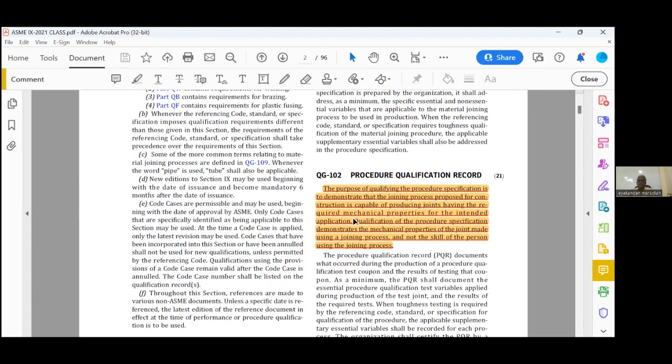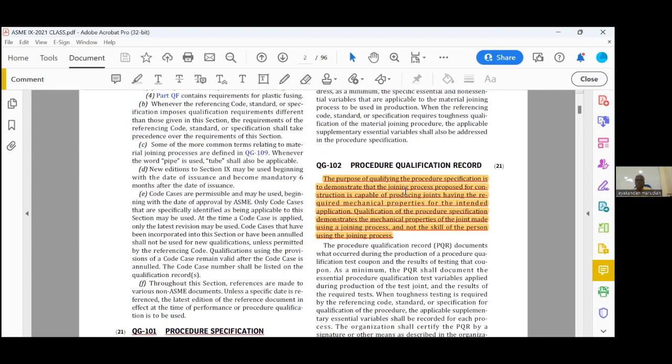The purpose of qualifying the procedure specification is to demonstrate that the joining proposed for construction is capable of producing the required mechanical properties. Qualification of procedure specification demonstrates the mechanical properties of the joint, not the skill of the person. So there is no relation between PQR and the skill of the person.